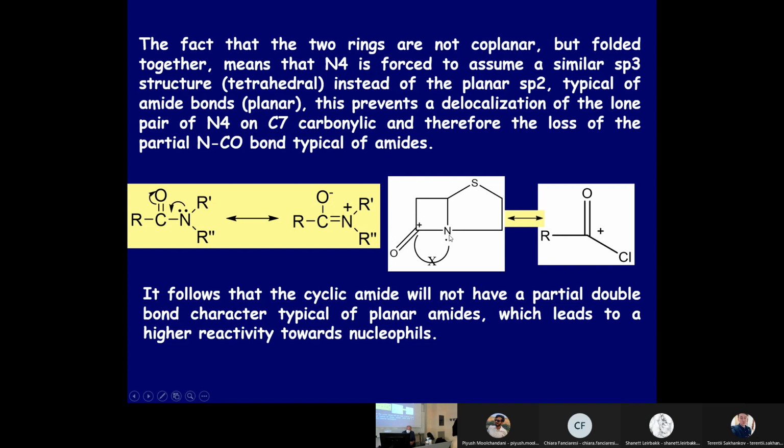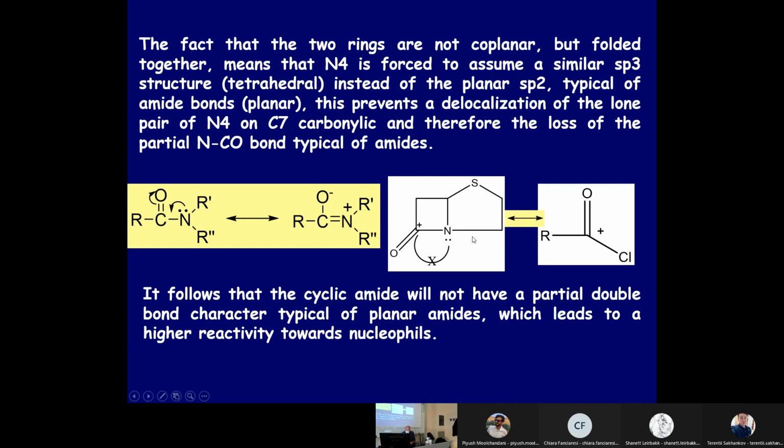If we see the behavior of the nitrogen atom inside the aminopenicillanic acid, inside this system, we see that the distribution of the lone pair is not possible.